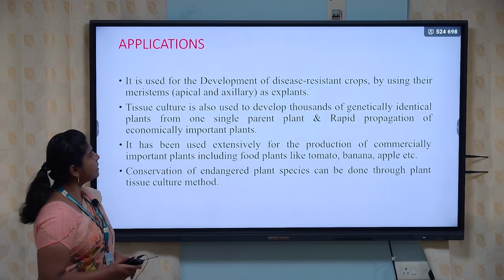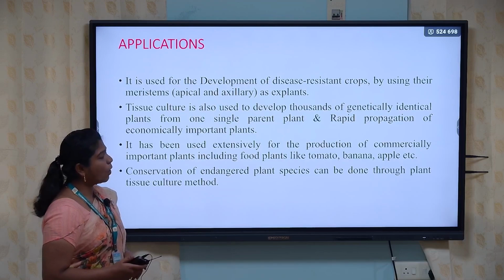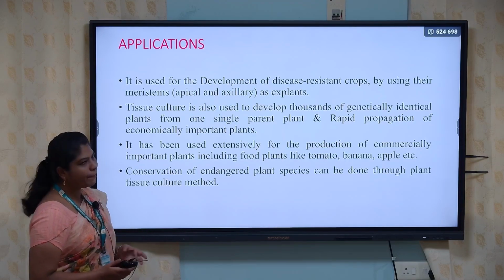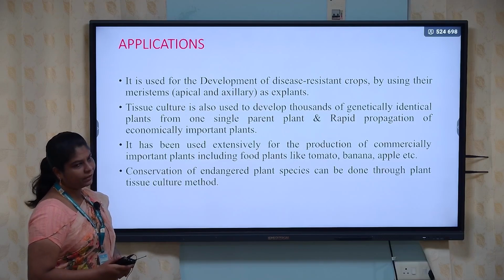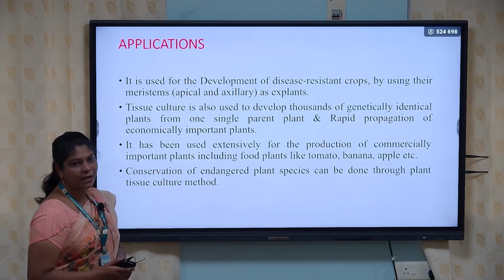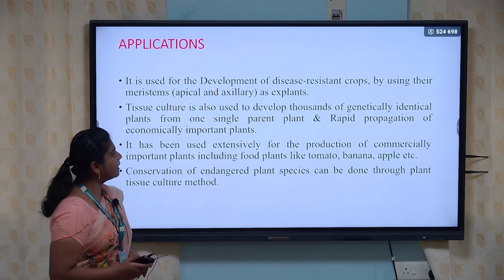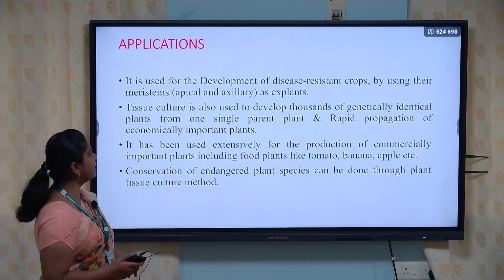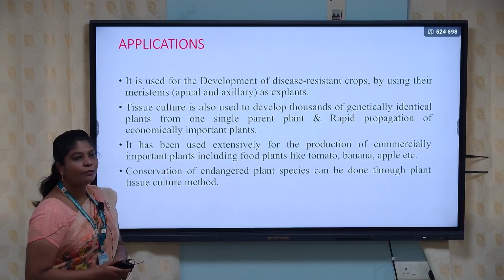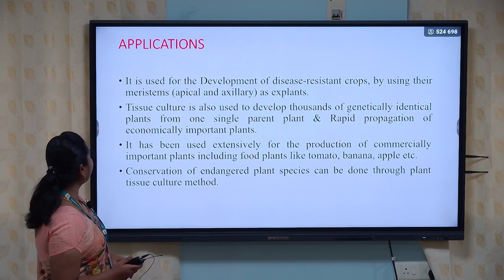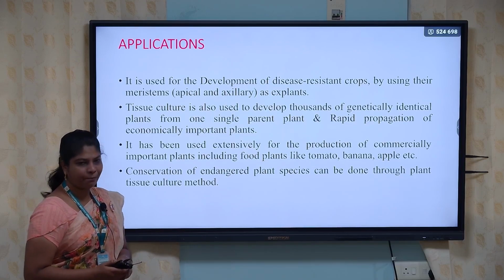It is used in the development of disease-resistant crops by using their meristem, that is the apical part of the plant, which is named as an explant. Tissue culture is also used to develop thousands of genetically identical plants from one single parent plant and for rapid propagation of economically important plants.